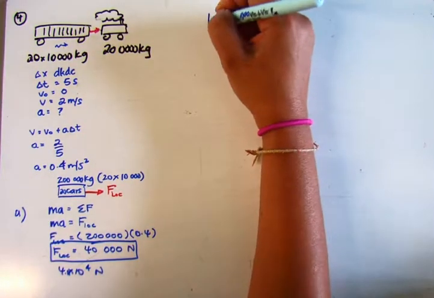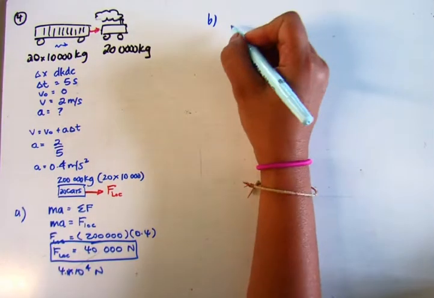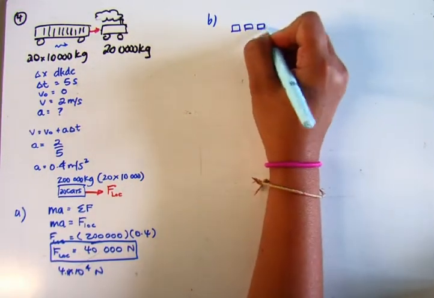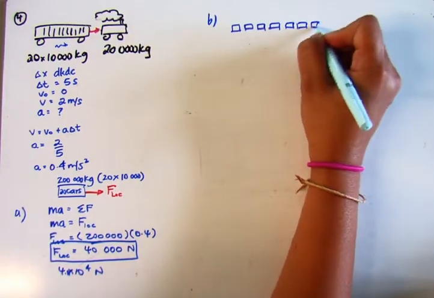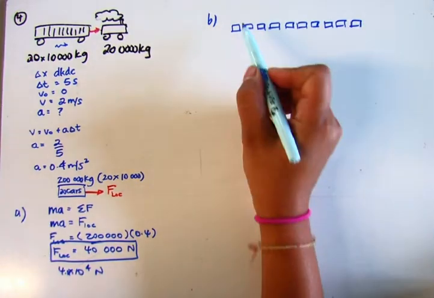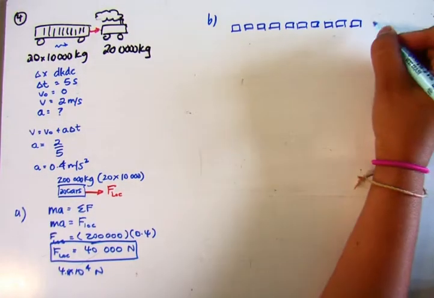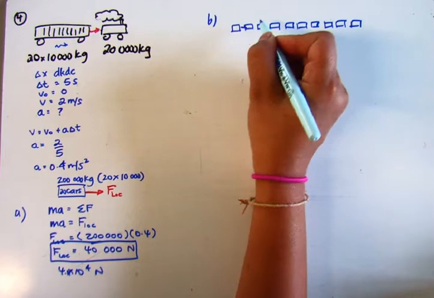For part B, we're just going to think about what do we want to think of as a system. It says between the 10th and 11th car. So if you think about it, you've got 1, 2, 3, 4, 5, 6, 7, 8, 9, 10. And basically, we're going to treat all of those as a system because they're all sort of linked together.